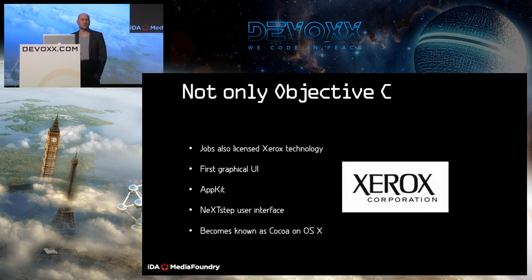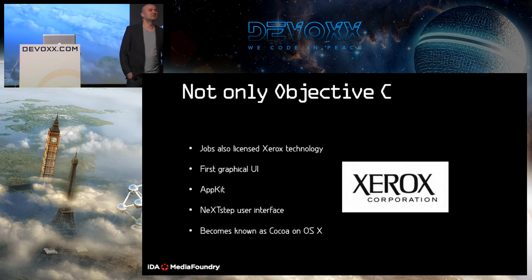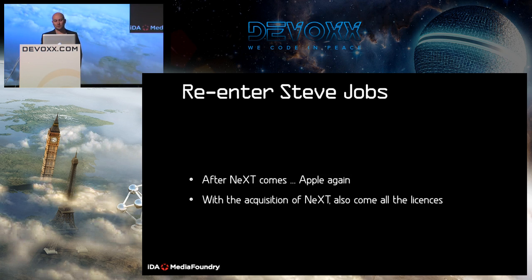His team again wrote all this in Objective-C, and in came AppKit, which is known as Cocoa. Who has heard of Cocoa before? That's the user interface you get on Apple. So Cocoa becomes the de facto standard on Apple.